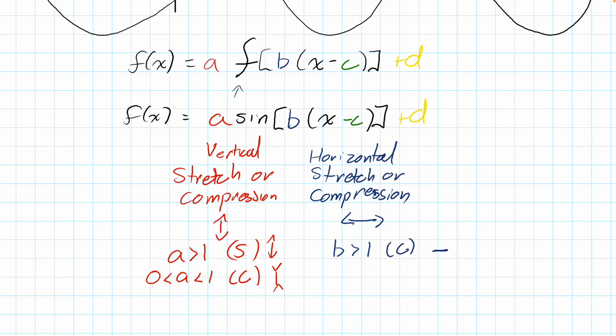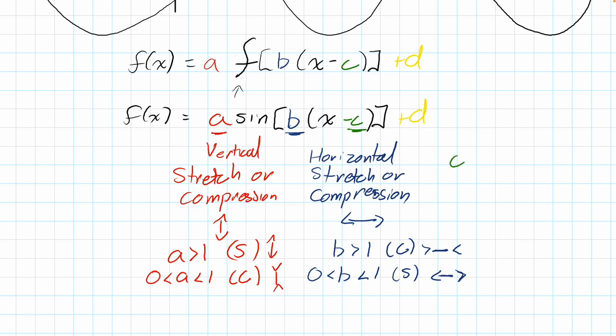In other words, it's like getting squished from both sides. And if B is less than 1 but greater than 0, we get a horizontal stretch, which is like taking this and pulling it on these two ends. So the arrow's telling you which direction to go, left and right. Okay? So that would be B. This would be A. Those ones are a little hard to visualize, and we'll show you with the graphing software what they look like. C and D are a bit easier.